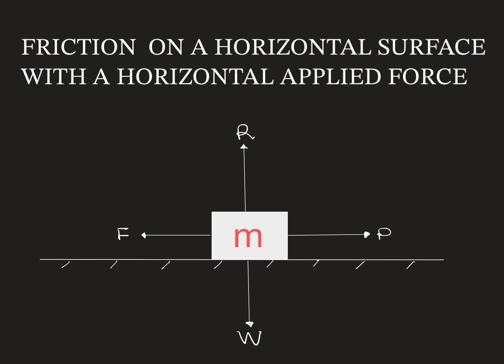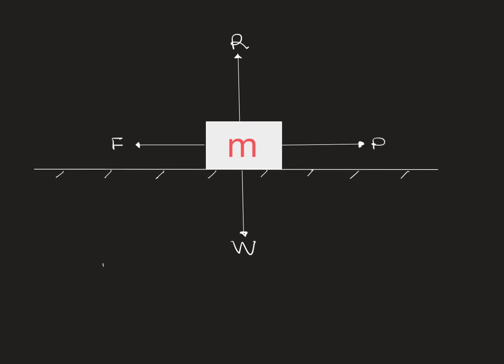We have already stated in our previous video that if no other vertical force is associated with this object that is at rest, then the normal reaction is equal to the weight of the object. So let's begin with that. R is equal to the weight of the object.